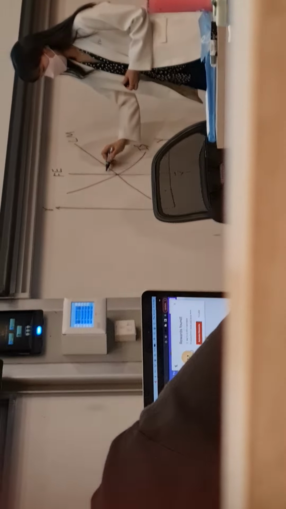So the aggregate demand for the economy is determined by the intersection of LM and IS. So what's the intersection of LM and IS? It's still at point E. So the aggregate demand for the economy is still at point E, which is equal to Y1 bar. This is the original equilibrium.